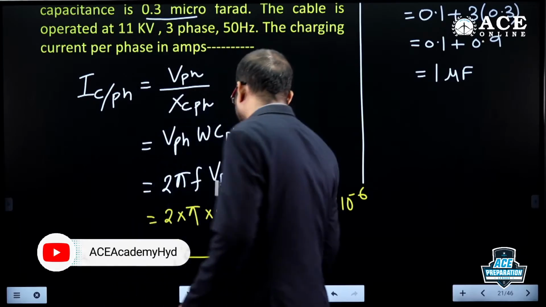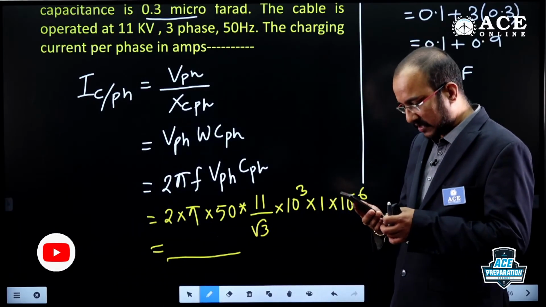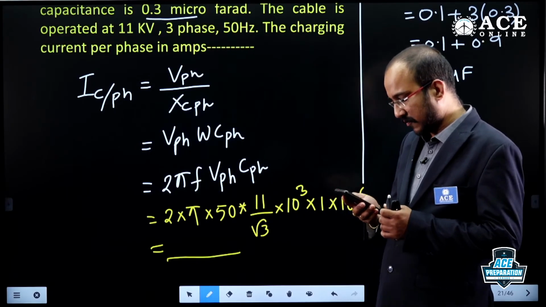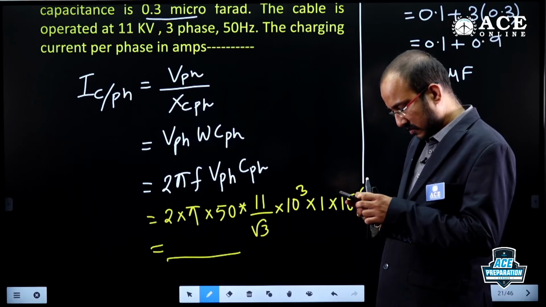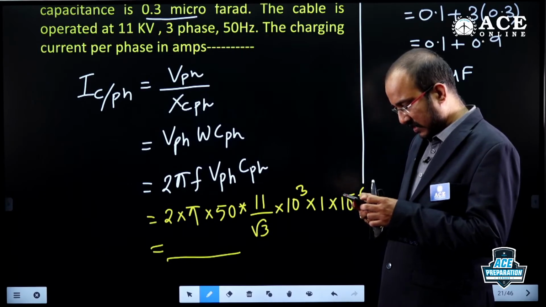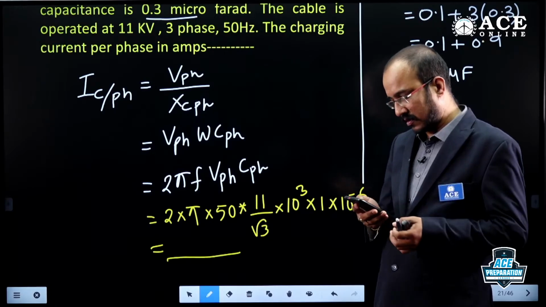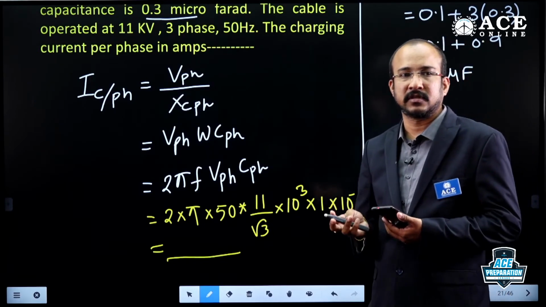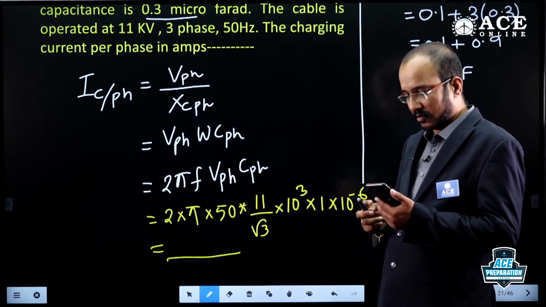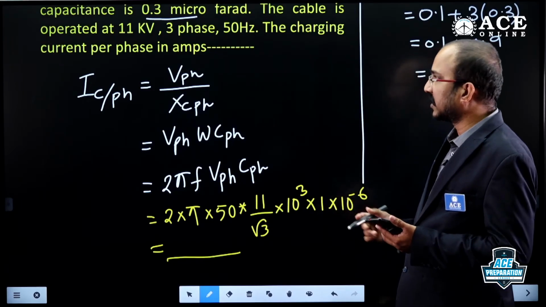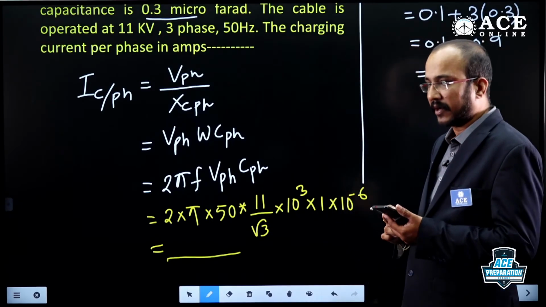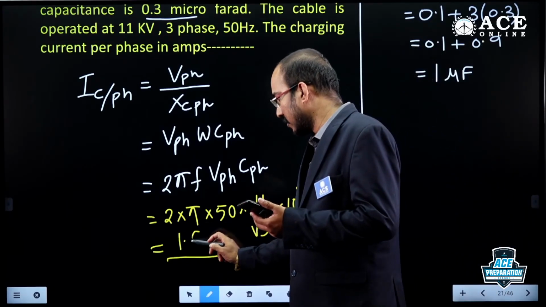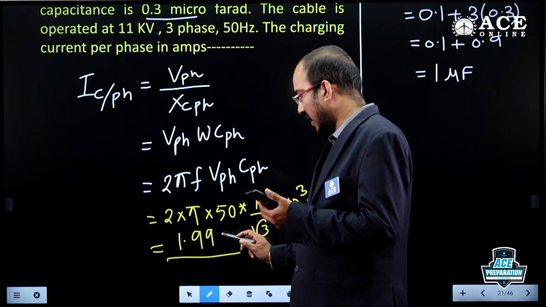Try to calculate the charging current per phase and post the answer. Have you got it? The value is 1.995 ampere.